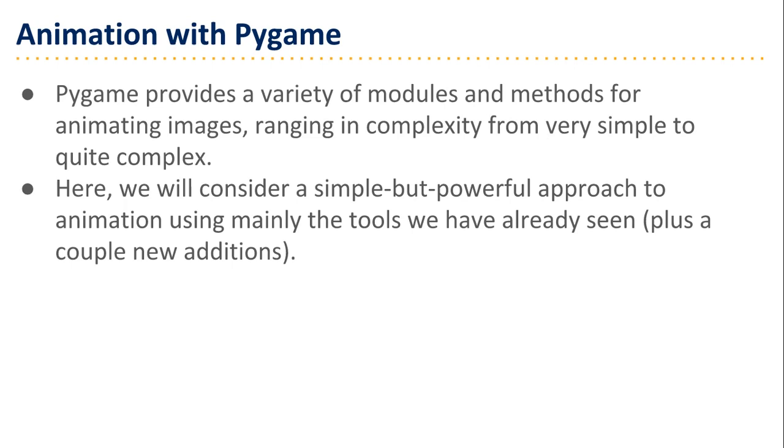I don't want to teach you a whole bunch of new functionality, so we're just going to use this approach. It's not necessarily the best approach, but it is a powerful and comprehensive approach to animation that I think will allow you to draw the animations that you'd like for whatever your project may be. If you want to do something really complicated, you might have to look up additional things, but I think this will be a good foundation.